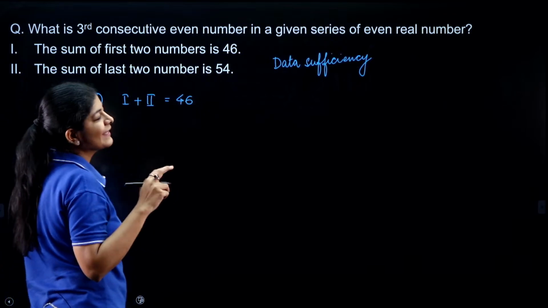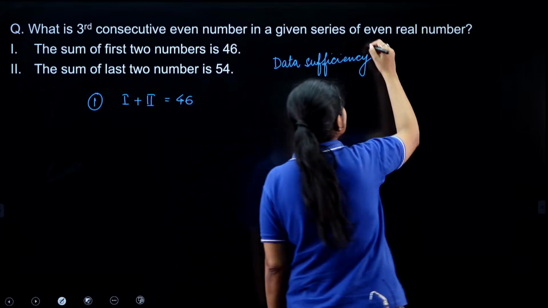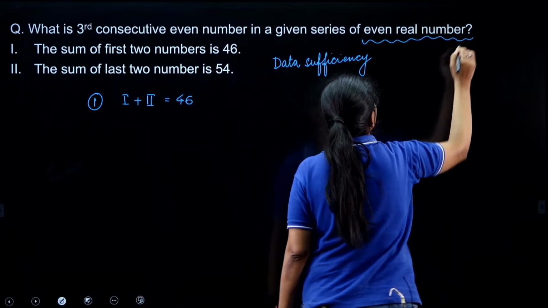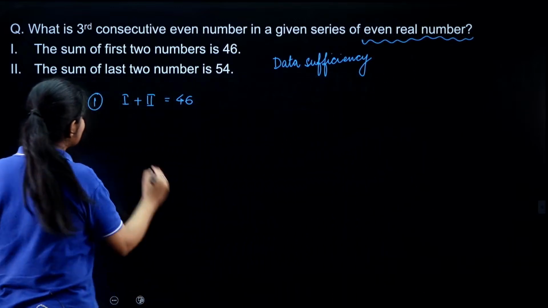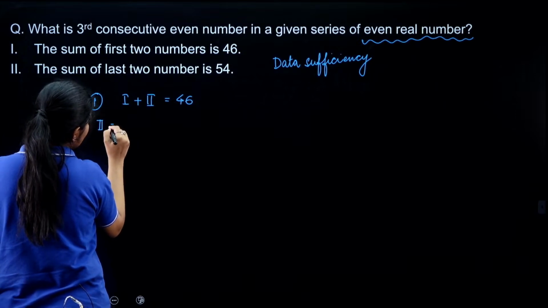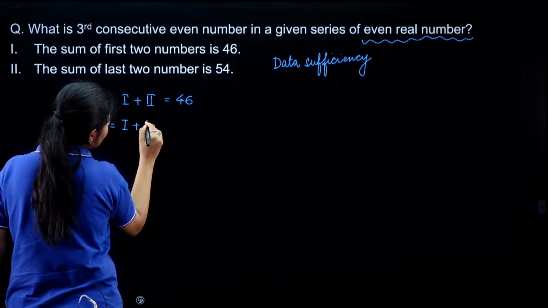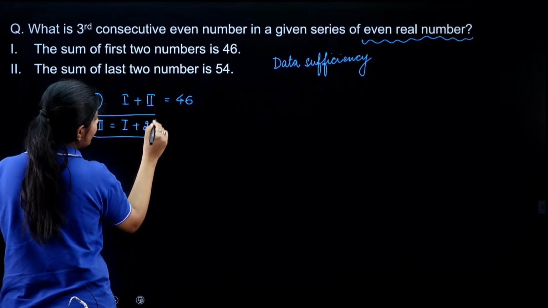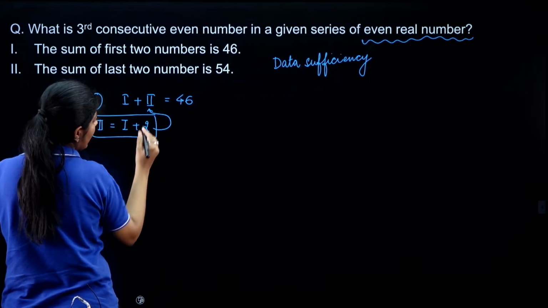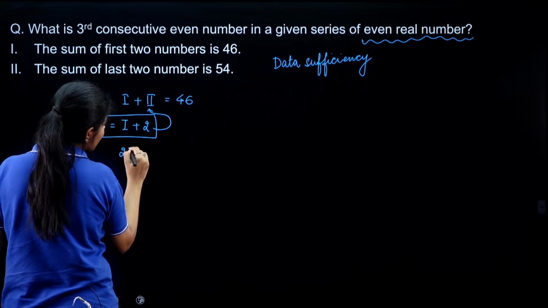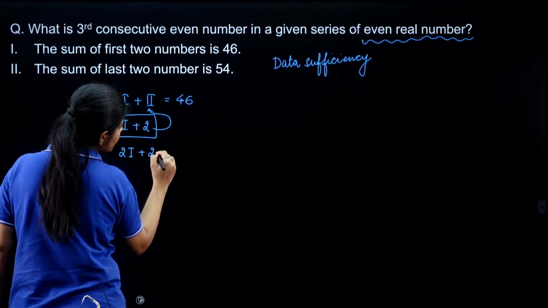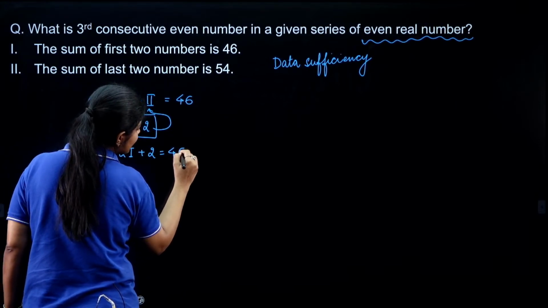As the question is saying that the given series is of even real numbers, I can say that the second number is nothing but first number plus 2, right? Now if I substitute this over here, I'll get twice of first number plus 2 is equal to 46, right?